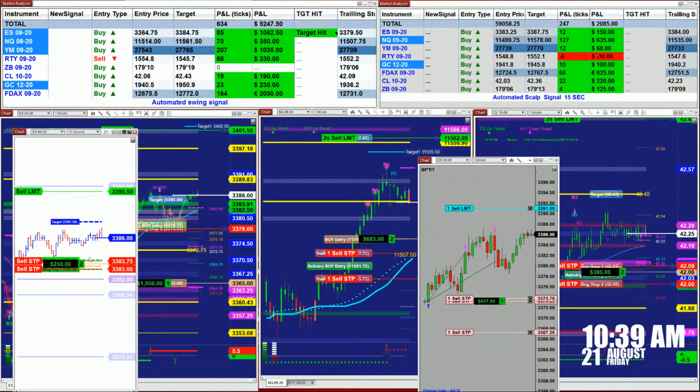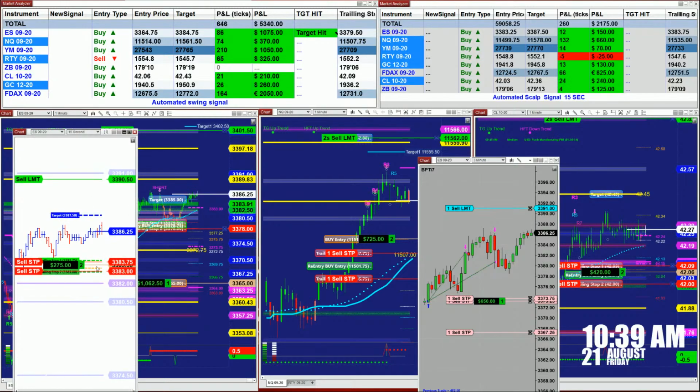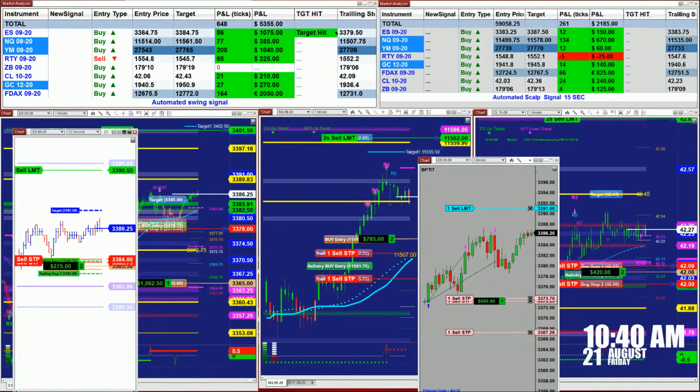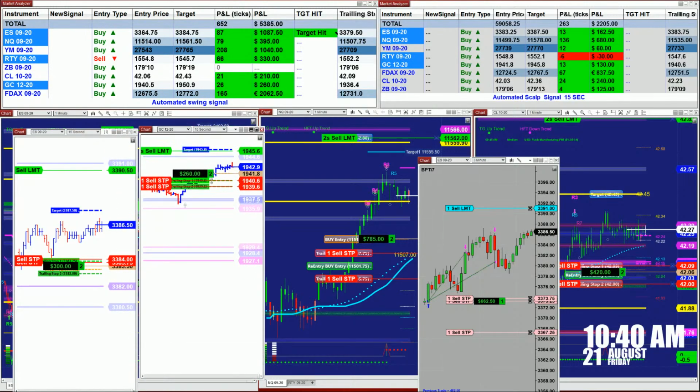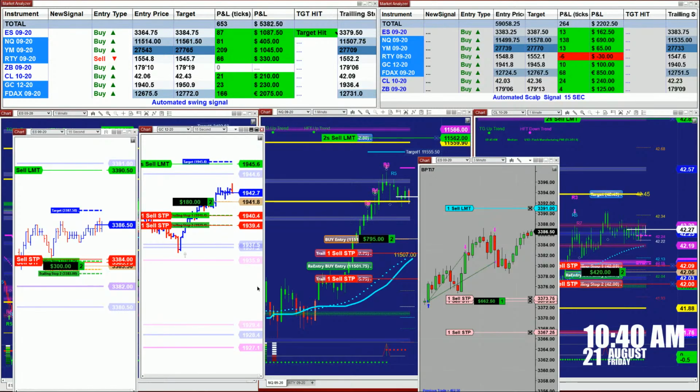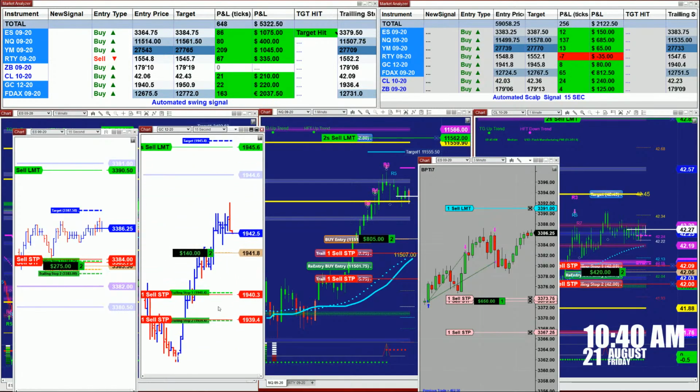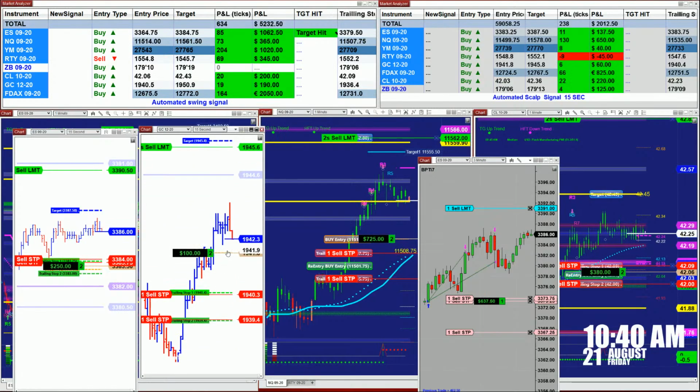So on the ES, break even here, and let it be. And on the gold, this is the second round on the gold, and break even. We don't want to get in trouble.